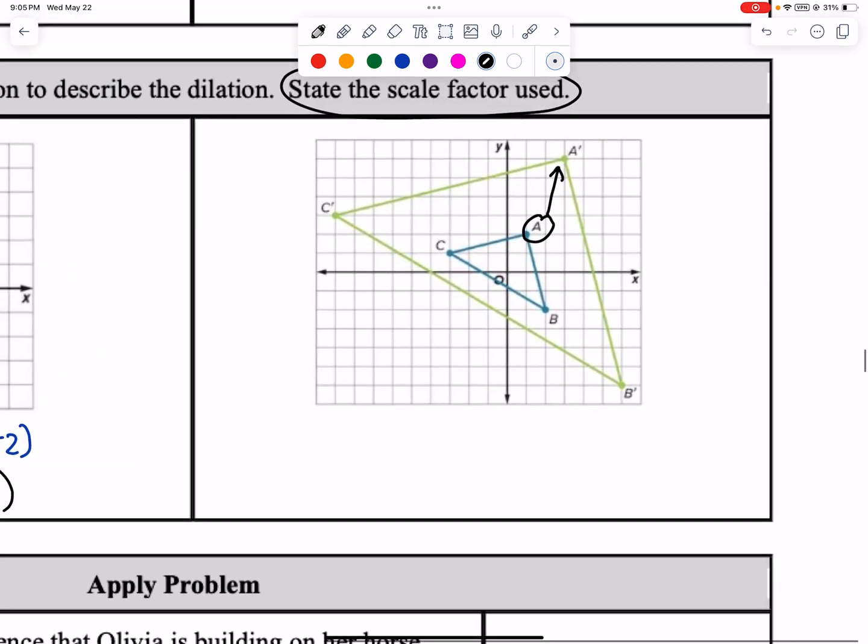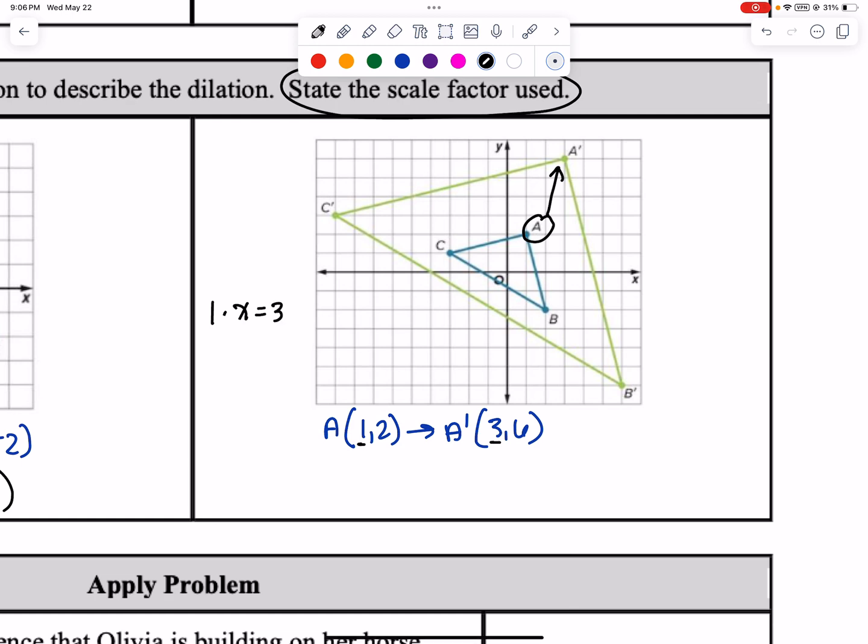Here we go. Pre-image is over 1 up 2, so 1, 2. Changes to A prime, which is over 1, 2, 3, and up 1, 2, 3, 4, 5, 6. So it goes to 3, 6. Okay, so then you just ask yourself what happened for scale factor. So I went from, if I just pick x to x here, I went from 1 times what got me 3.